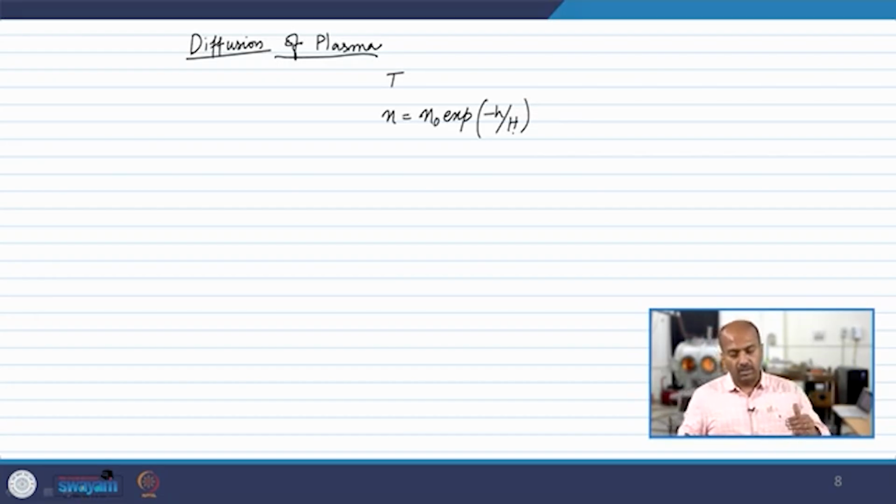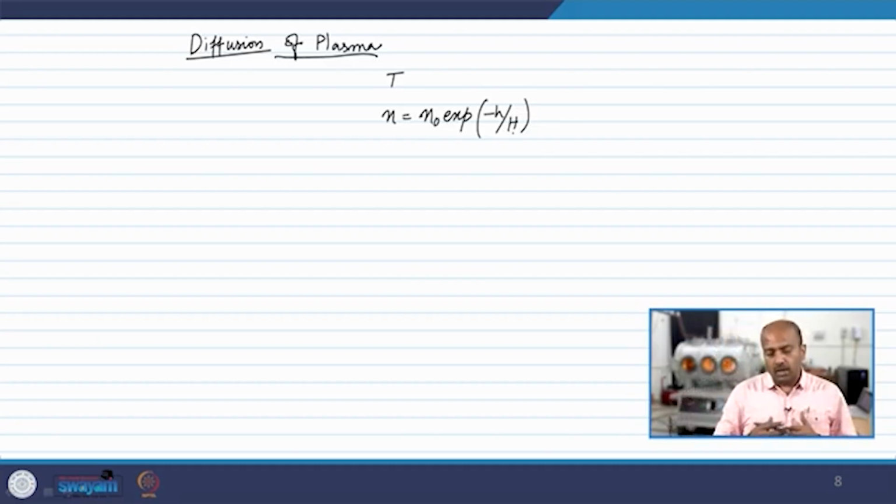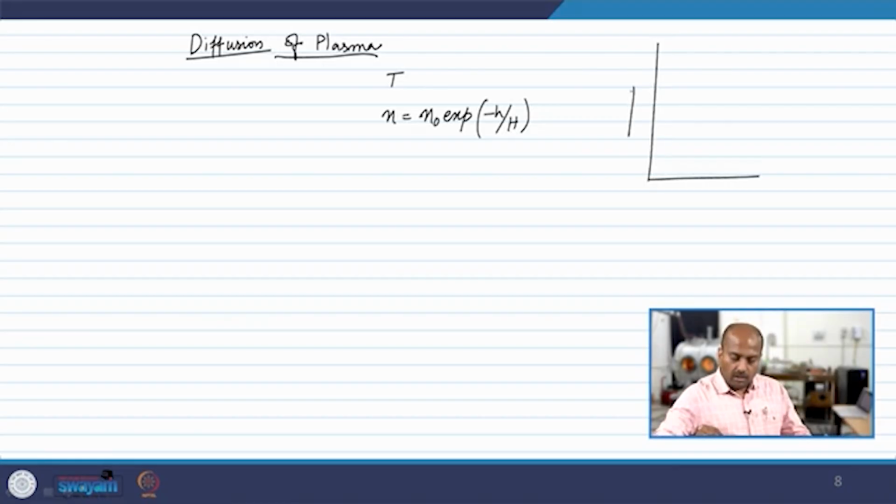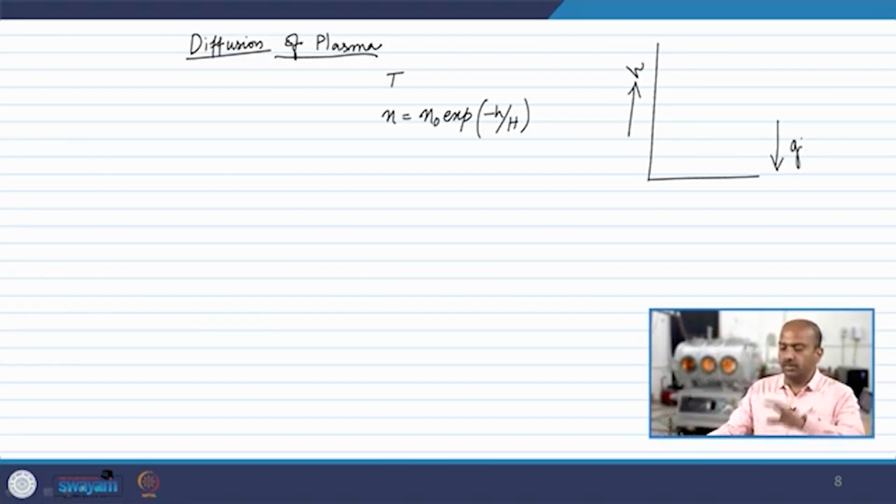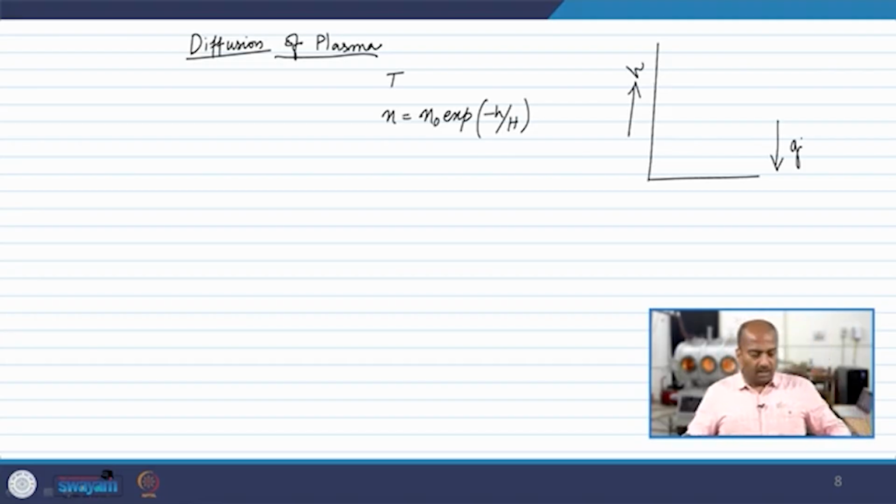With respect to that reference, if you go across, when you bring in gravity, this is the length dimension that I am talking about, and at a given temperature, the number density varies like this because the gravitational pull is in this direction. The gravity field is primarily responsible for this distribution, which is basically an exponential decay, right.